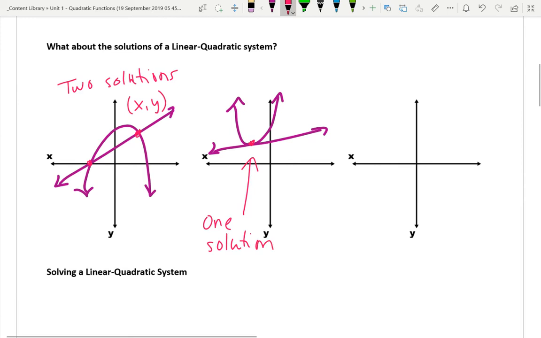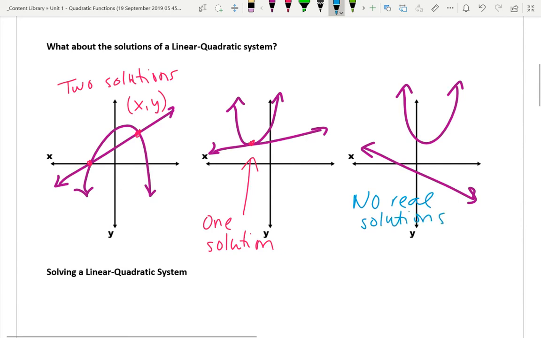And when we're talking about parabolas, we've seen sometimes they don't always cross lines that are on the coordinate plane, like those axes. So it's also possible that we could have a parabola existing somewhere, a line existing somewhere else. And in that case, we would have no real solutions.